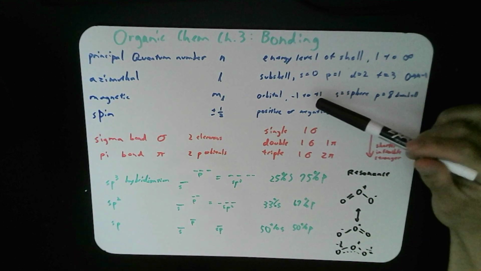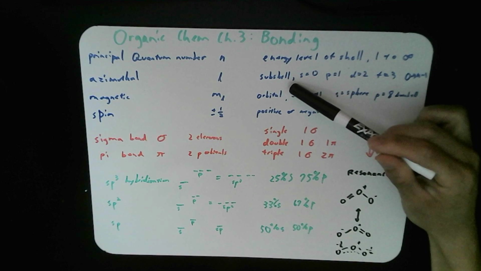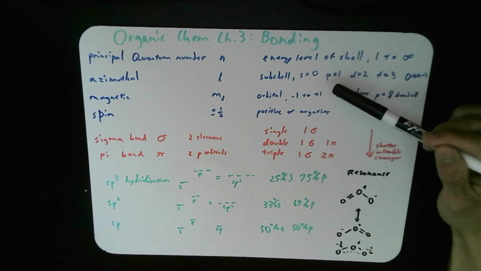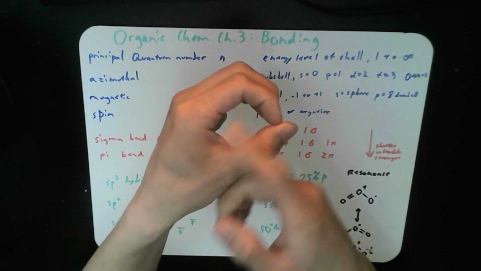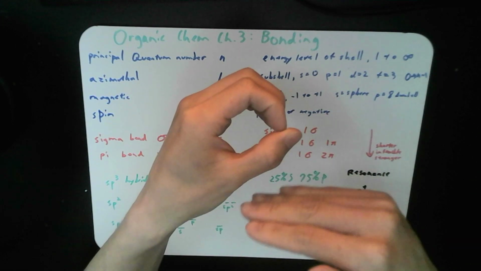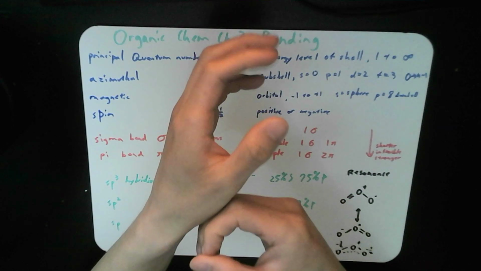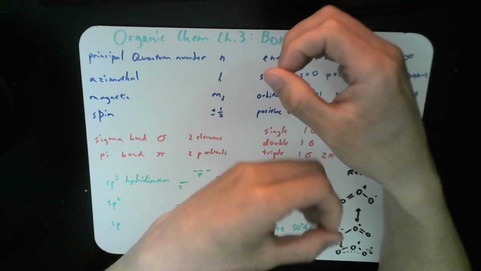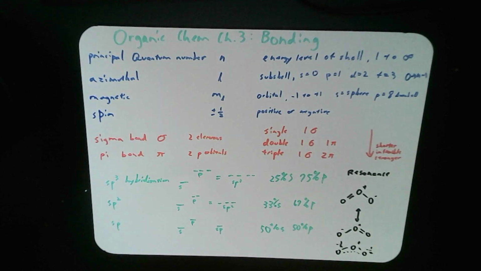Now, if the azimuthal number is 1, you can see that it goes from -1 to 0 to +1, where there will be 2 electron densities, a positive region, 0 with no electron density, and a negative region. So hopefully that makes sense. And as you go up, you will have different electron densities found in different regions.